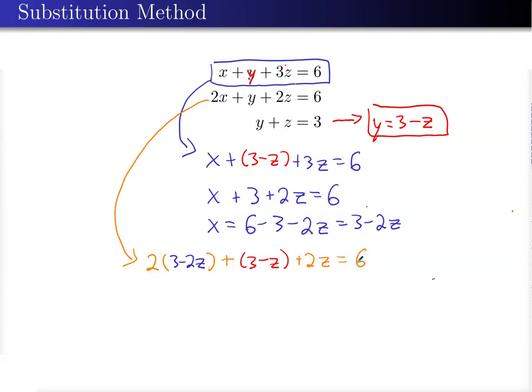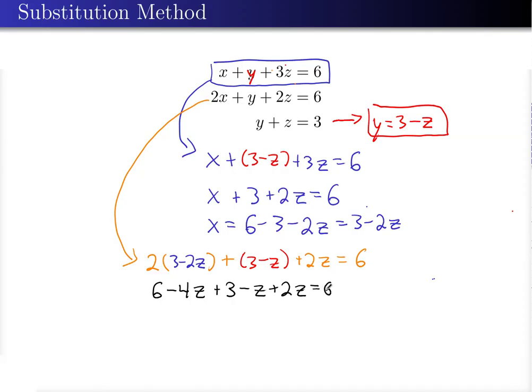Now, we have a kind of complicated looking expression, but note that this is a linear equation in one unknown. The only thing that we have in this is going to be z. So let's distribute. A 2 times 3 is going to give me a 6. 2 times minus 2z is going to give me minus 4z. So I still have this plus 3 minus z plus 2z is equal to 6.